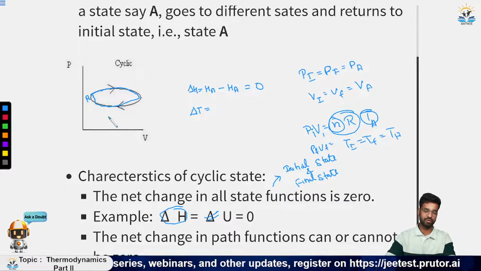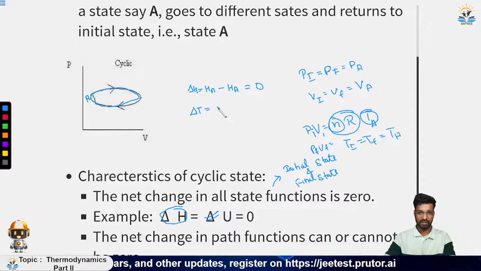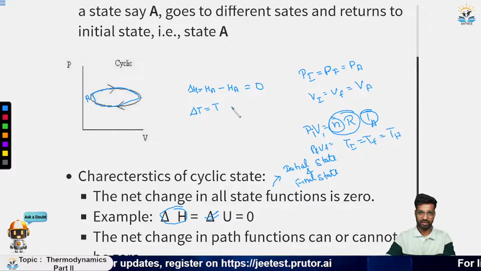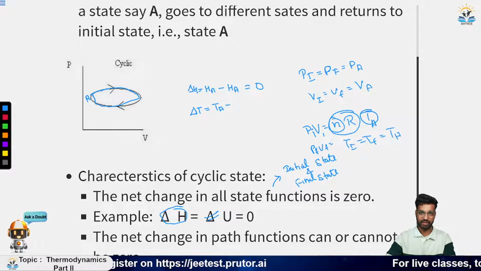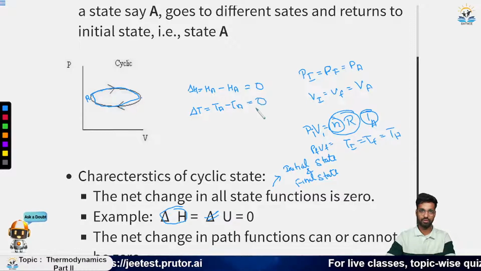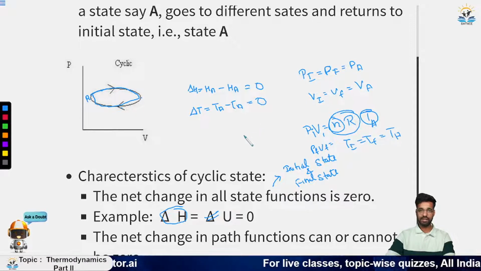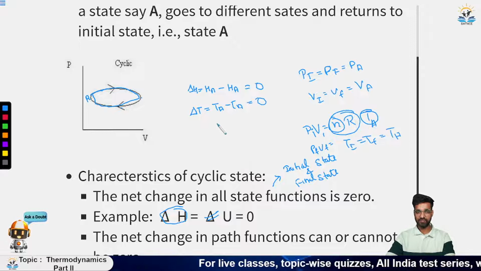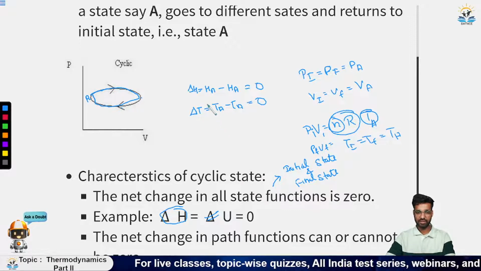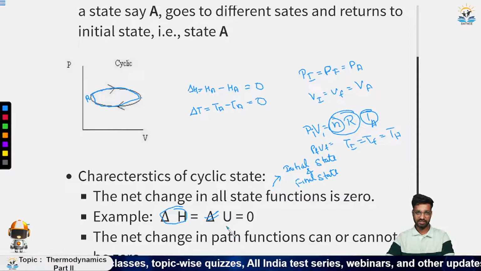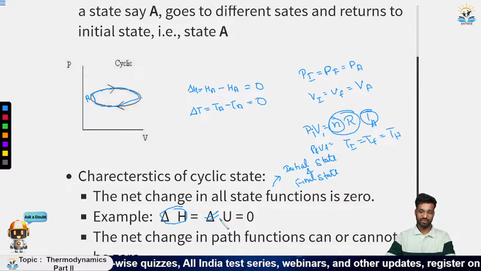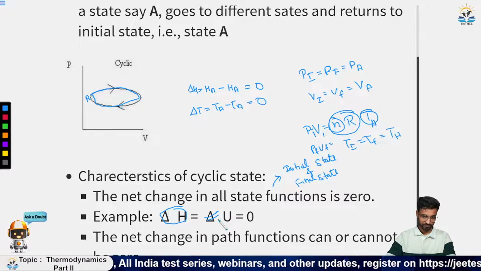So temperature will also be the same. T initial will be TA, T final will also be TA, and TA minus TA will be 0. So you can see clearly that since it is a state function, the temperature, the volume, or the enthalpy or the internal energy, the net change in the cyclic process will always be 0.